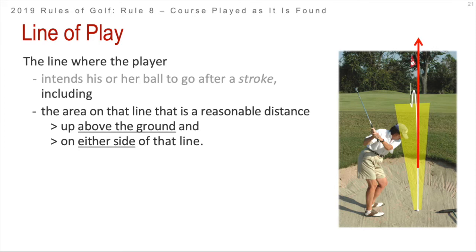And what's a reasonable distance? Well, for a short shot, like this bunker shot in the picture on the right, or a little chip shot, there's going to be a smaller reasonable distance on either side of the line compared to a tee shot with a driver, for instance. The reasonable distance on either side of that is going to be a larger area.